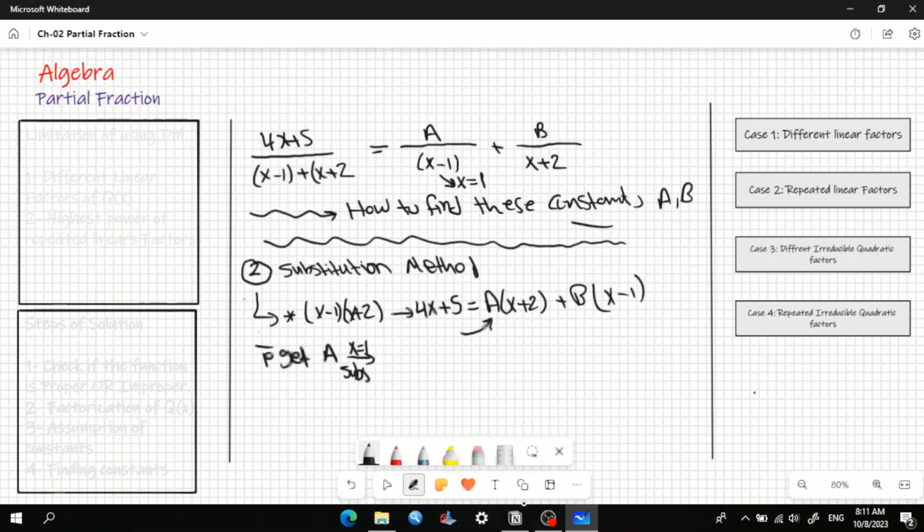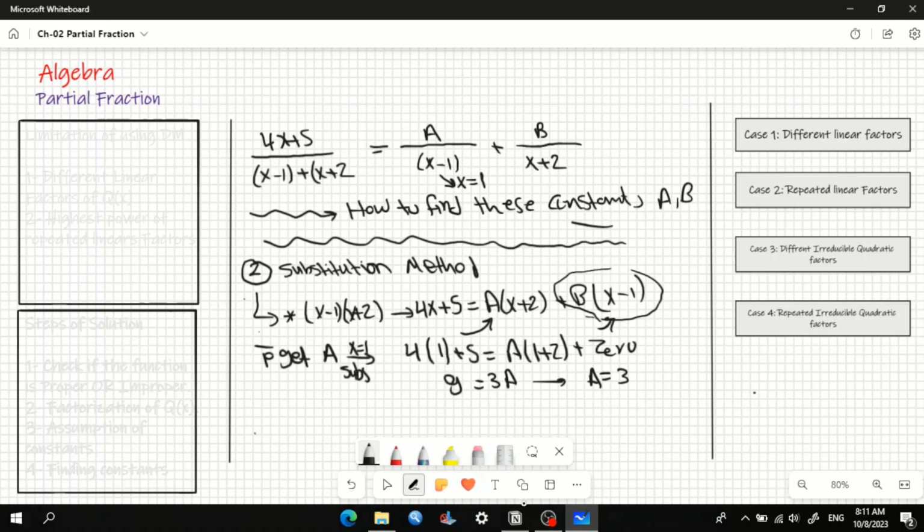Let's do that. 4 times 1 plus 5 equals a times 1 plus 2 plus, here if we substitute by 1, this will be eliminated, and here 0. So 9 equals 3a, so a equals 3.